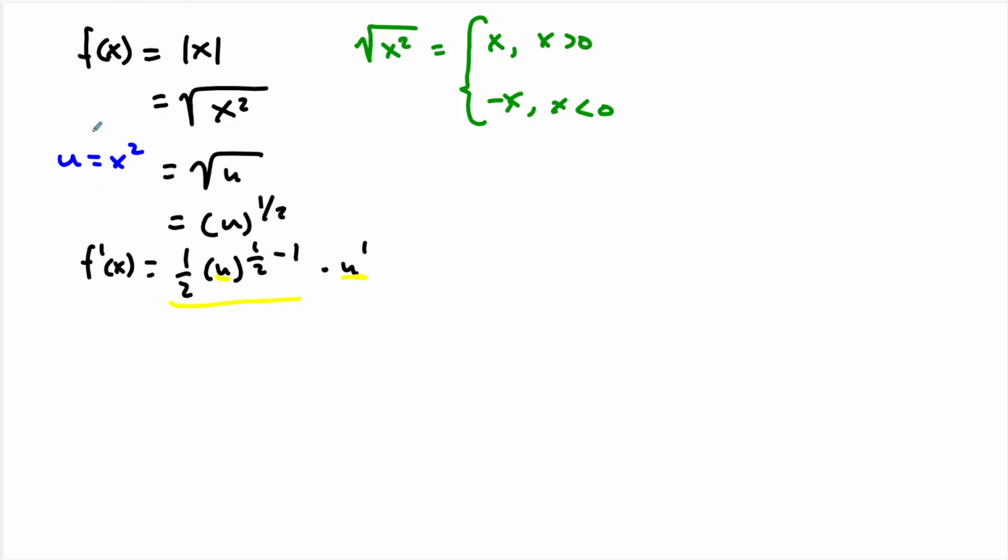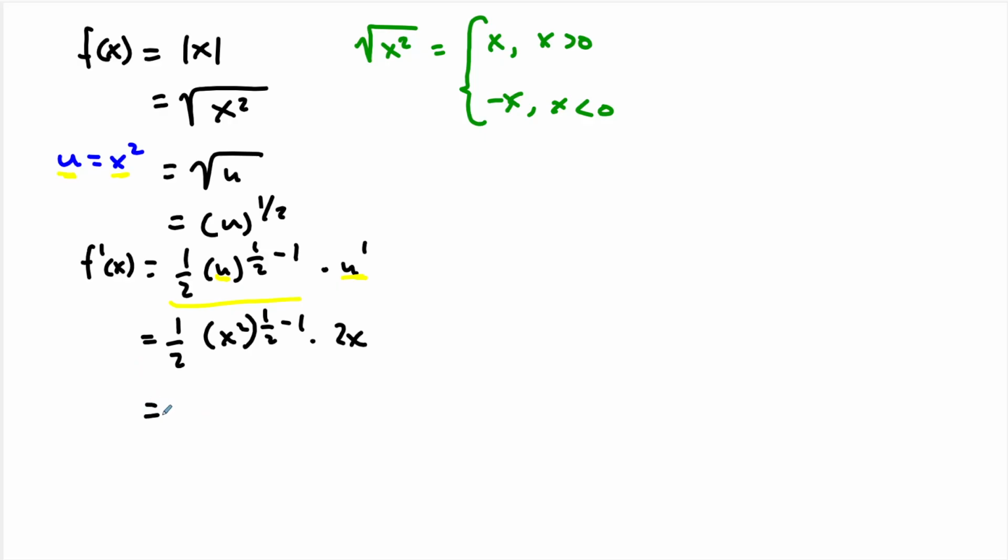Now substitute x squared in for u, and we get 1 half x squared to the 1 half minus 1 times 2x, because u prime is the derivative of x squared, which is 2x.